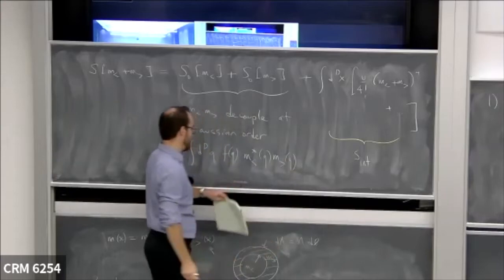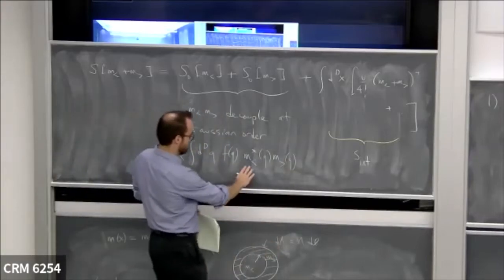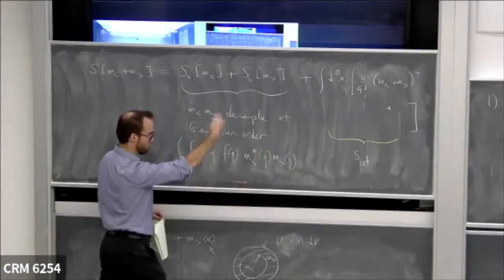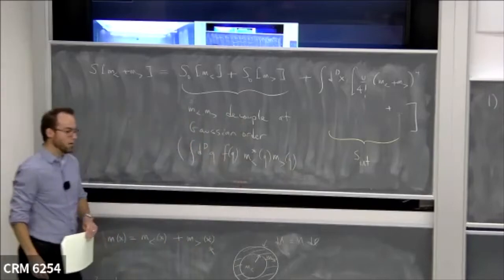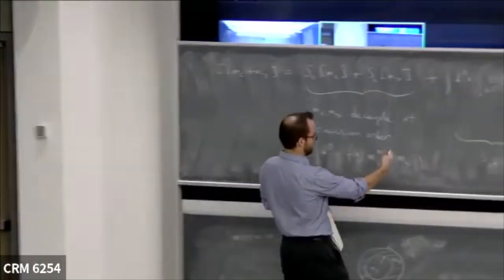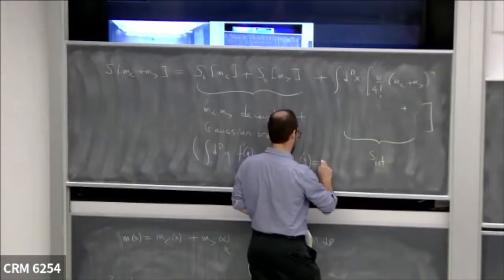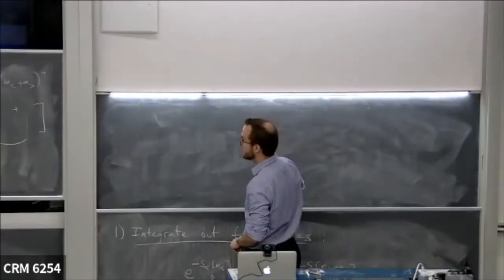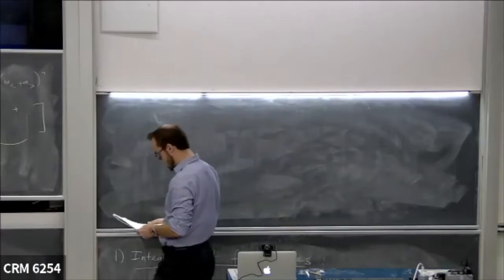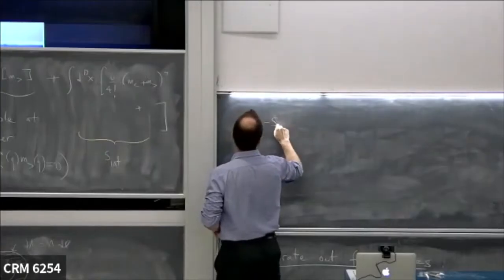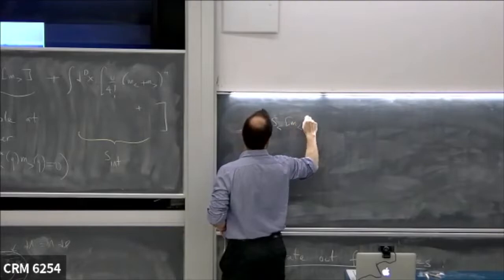Well, this is 0 because m lesser is 0 for q above lambda over b, and m greater is 0 for q less than lambda over b, so they don't overlap. So this is 0.